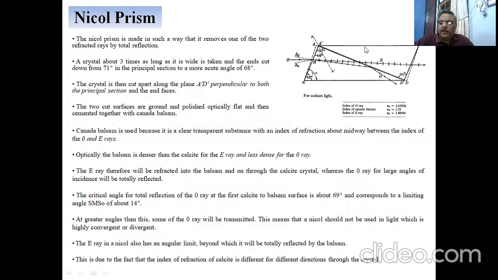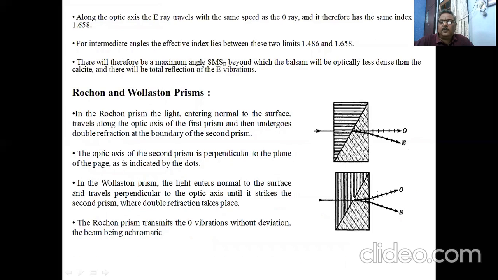Now if we paste the one having the optic axis horizontal with the other having the optic axis in the perpendicular direction, then we get these two possibilities. Either the first part will have the optic axis horizontal and the second not, or the first will have it in the perpendicular direction and the second in the horizontal direction.